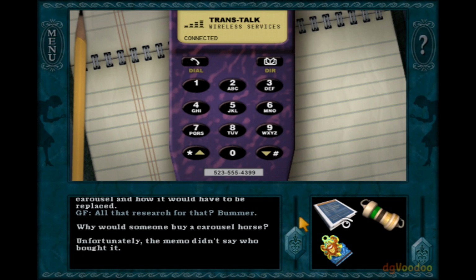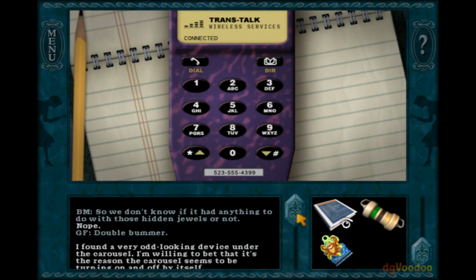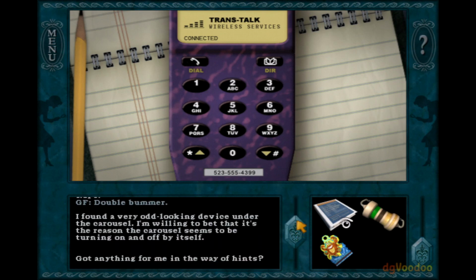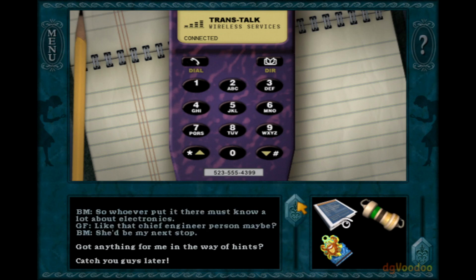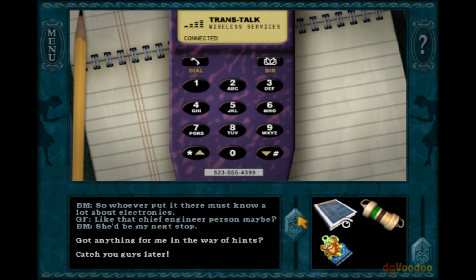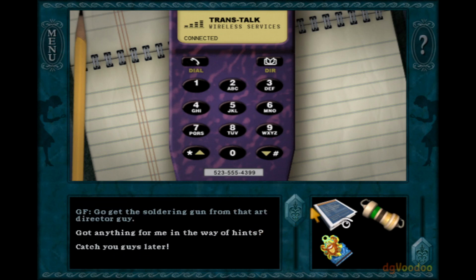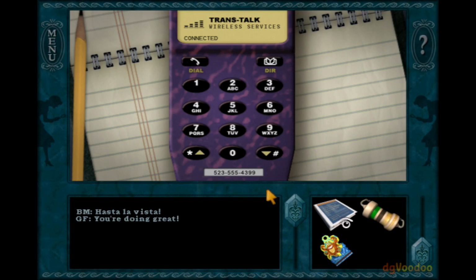Bummer. Unfortunately, the memo didn't say who bought it. So we don't know if it had anything to do with those hidden jewels or not. Nope. Double bummer. I found a very odd-looking device under the carousel. I'm willing to bet that it's the reason the carousel seems to be turning on and off by itself. So whoever put it there must know a lot about electronics. Like that chief engineer person, maybe? She'd be my next stop. Got anything for me in the way of hints? Go get the soldering gun from that art director guy. Yep. Catch you guys later. Hasta la vista. You're doing great.